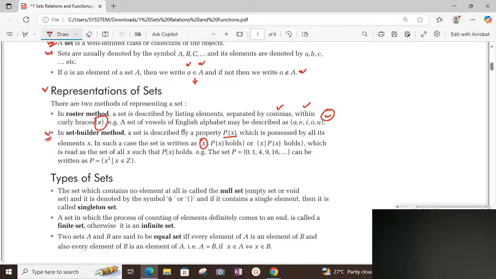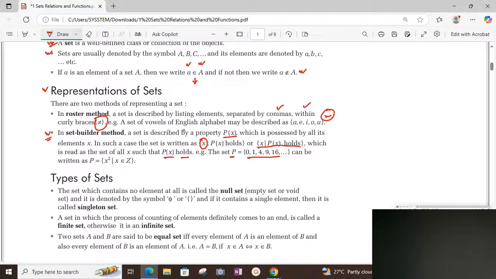Another form of the set builder method uses a vertical line instead of a colon, and we read it as x is an element of the set such that P(x) holds, that is, the set of all x such that the property holds.